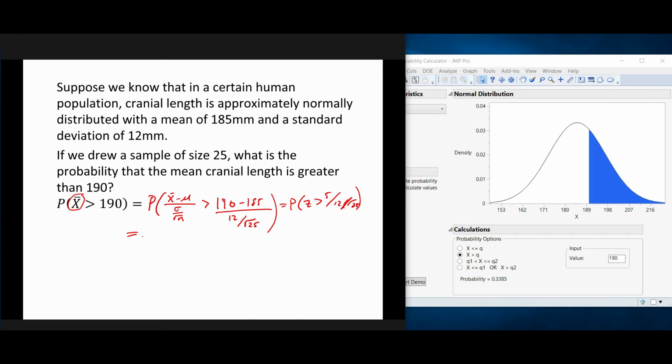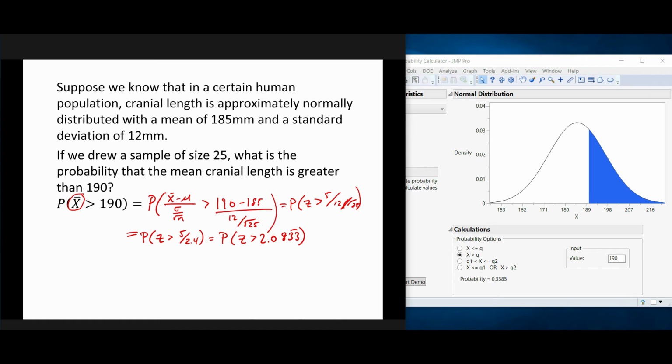So that is equal to the probability that a standard normal random variable z is greater than 5 divided by 2.4. And that is 2.0833. Looks like that 3 is repeating, so we could probably put a line above that.